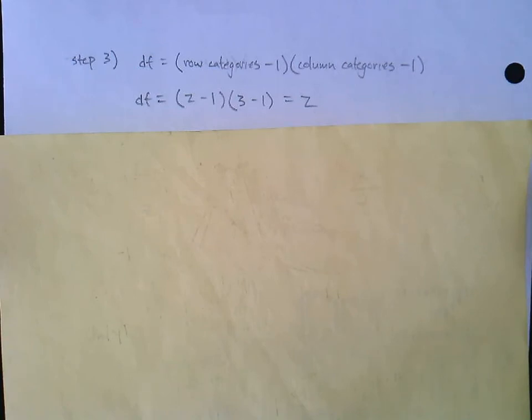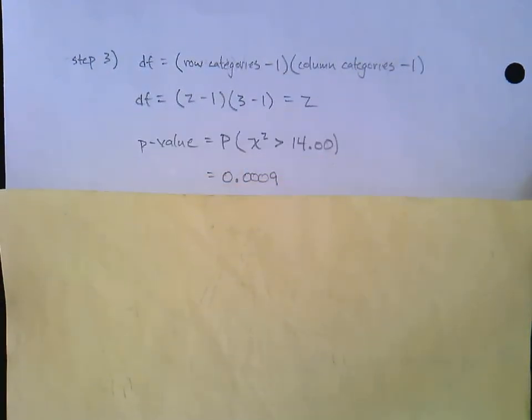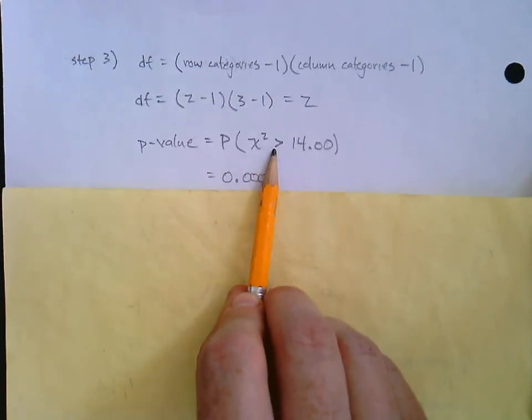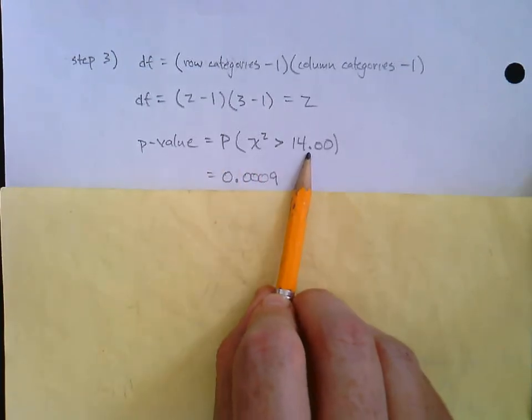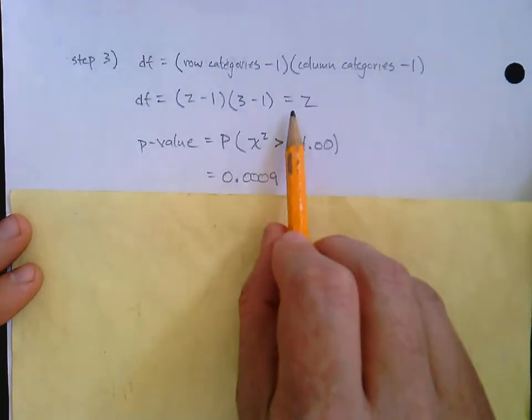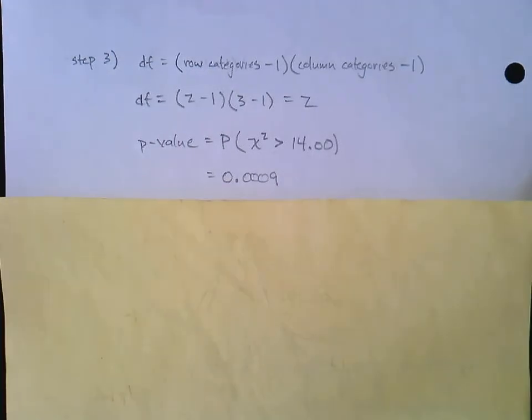Just accept it. All right, so now we can go to our chi-square calculator in StatCrunch, and hopefully you can get this right. We use the greater than. I'm going with 14.00, and I'm going to round that to 4 places. So with 2 degrees of freedom, I got 0.0009.